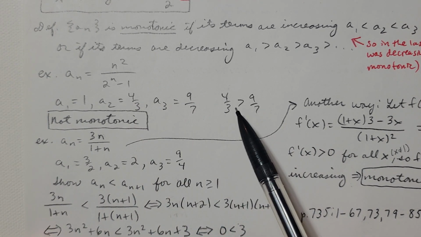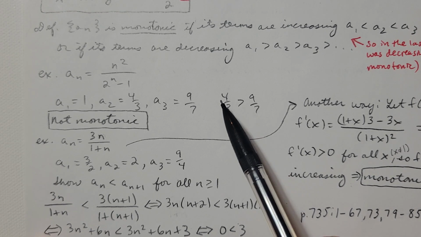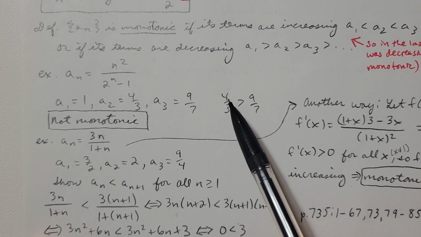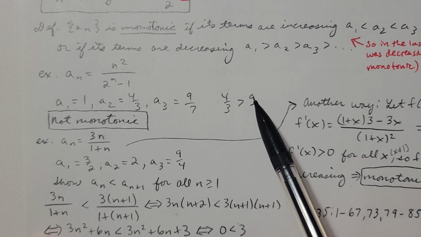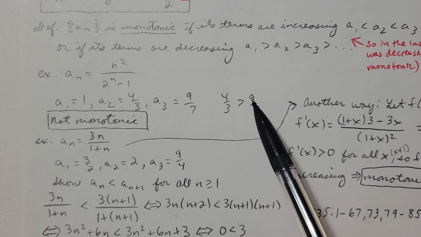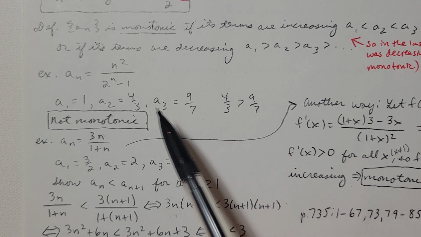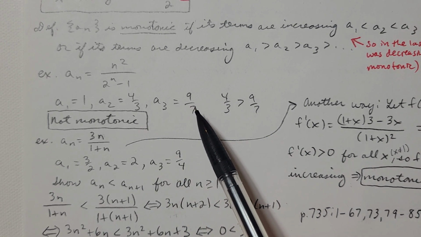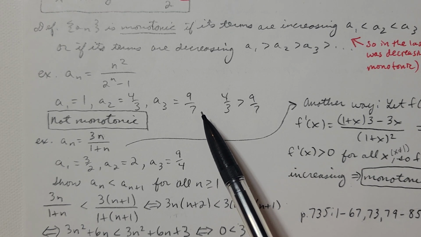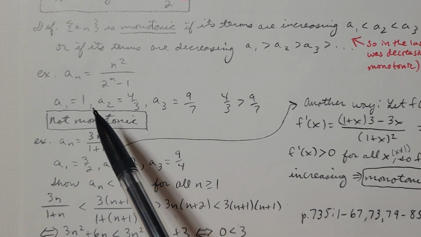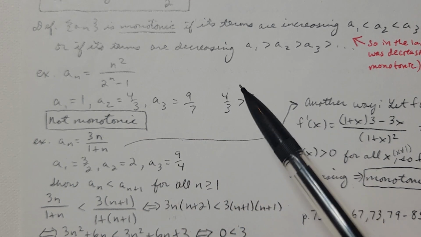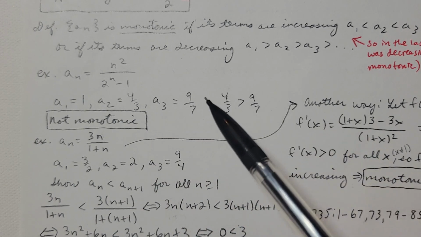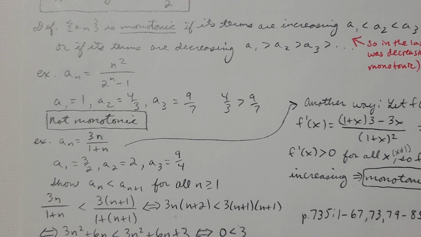And the answer is no. Because if I cross multiply here, 4 times 7 is 28, 3 times 9 is 27. What's the bigger number? 28 is bigger than 27, right? So 4/3 is going to be bigger than 9/7. So it does not increase, right? Each term isn't going to be bigger than the previous one. So this is not monotonic, I'd say.